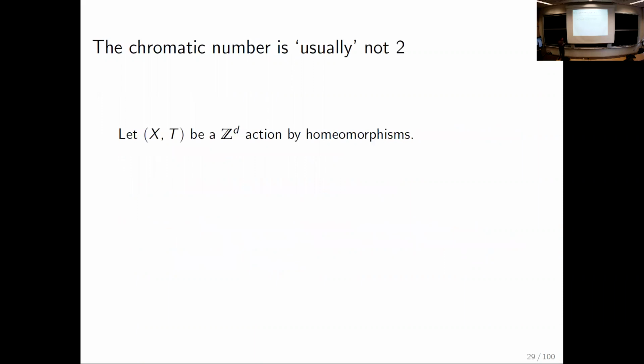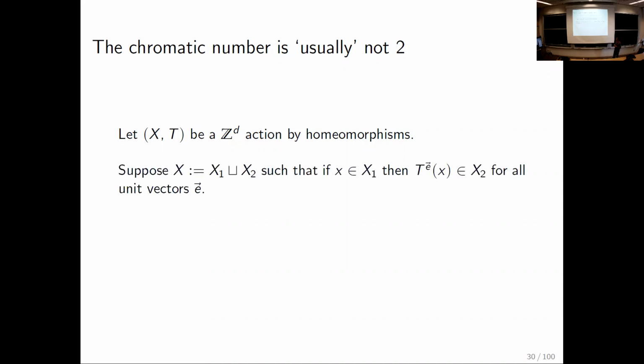And here's a quick argument to say why it is not 2. I'll use some periodic points, which I could have avoided, but it's a lot simpler in that sense. So suppose I have an action by homeomorphisms, and suppose there are 2 colors. This will mean that I can decompose the space into 2 parts.